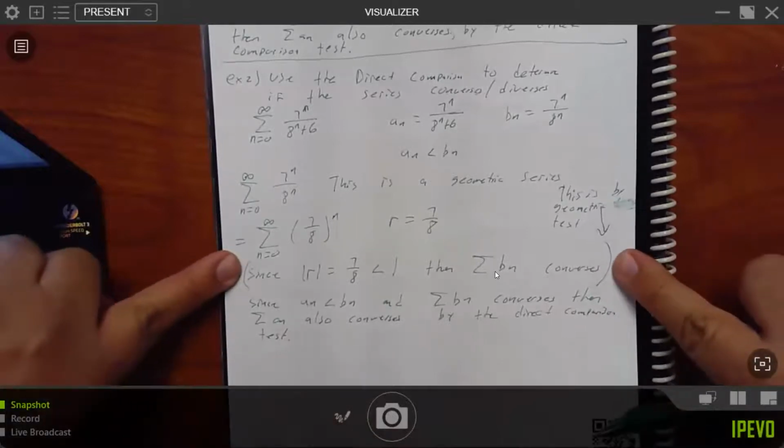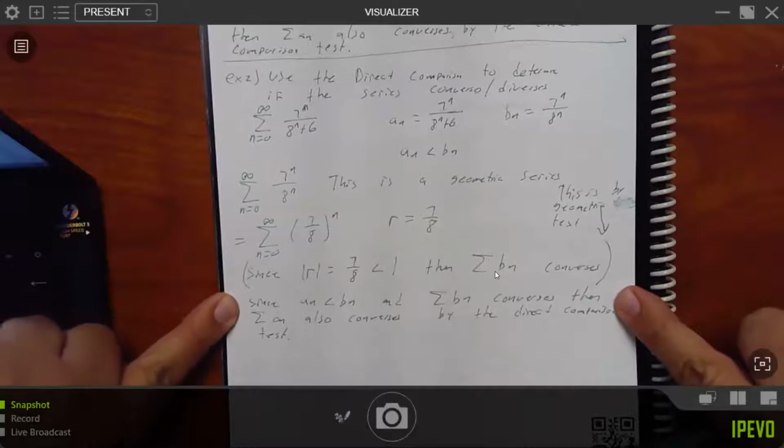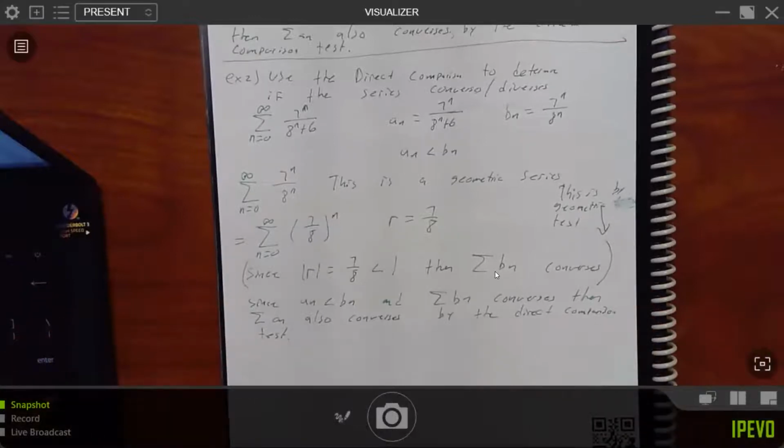I knew this converged by the geometric test. Then I used that statement to show that the other one converges by the direct comparison test. What was your question?